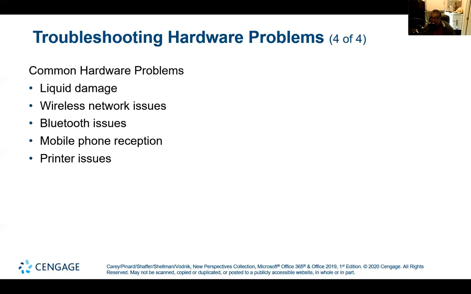Mobile phone reception. You could be in one of those dark hole spots that doesn't transmit well. They're doing better by putting up more towers, but we don't know what that microwave is doing to the plant life around it. And then there's always a print issue.